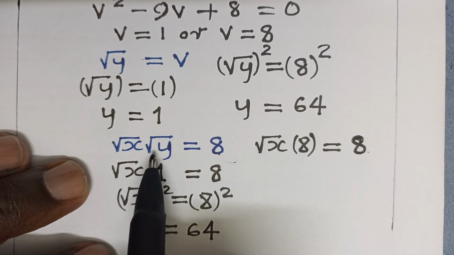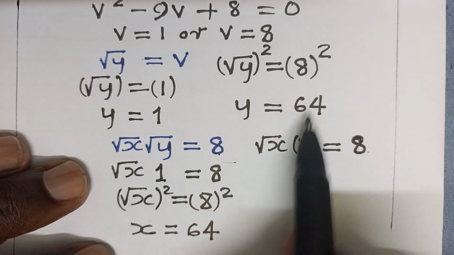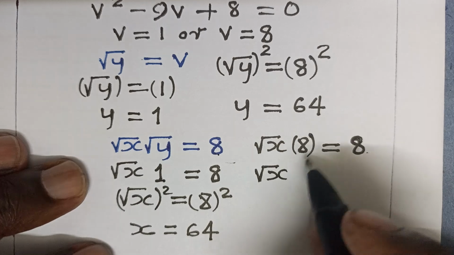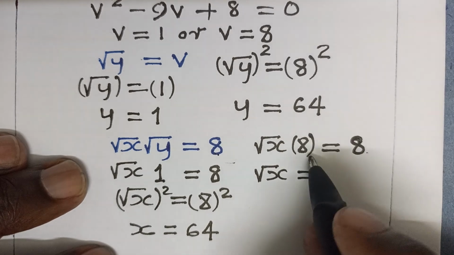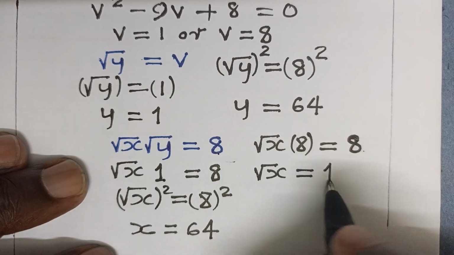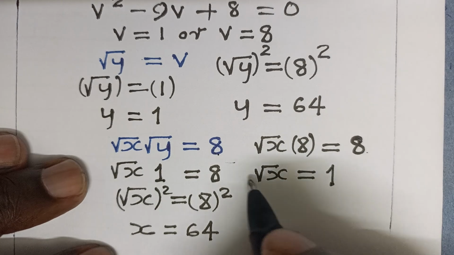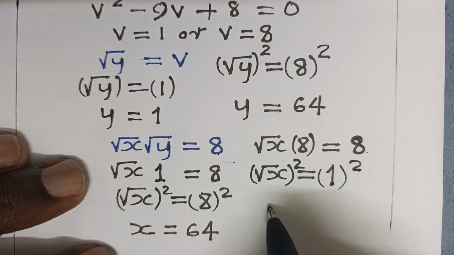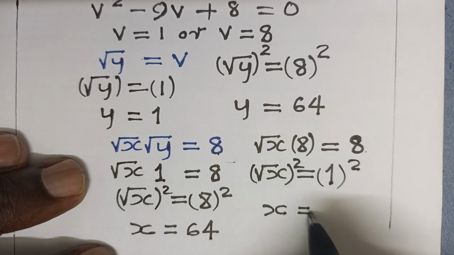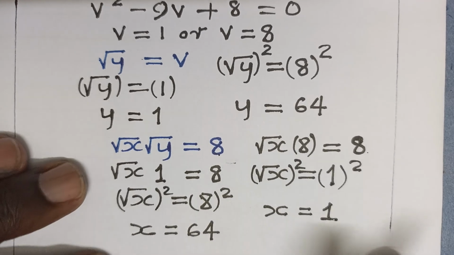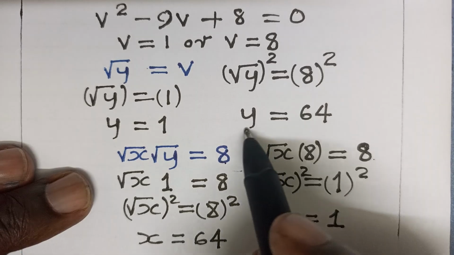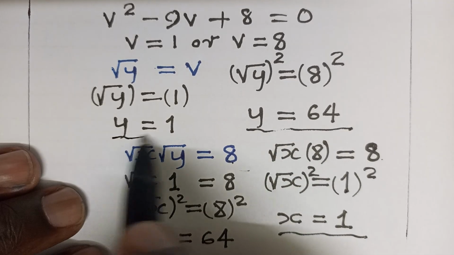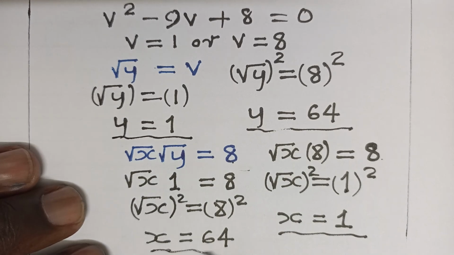And so therefore, square root of x is now equal to, dividing by 8 on both sides, 1. And therefore, guys, we can now square both sides, and therefore x is equal to 1. And so, guys, when y is equal to 64, x is equal to 1. And when y is equal to 1, x is equal to 64.